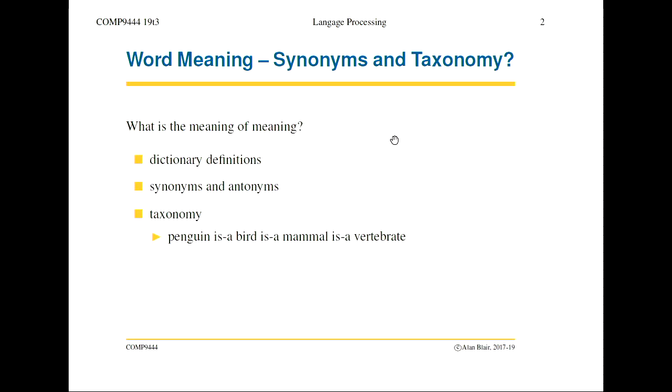So, synonyms and taxonomy. What is the meaning of meaning? That sounds very philosophical. If you want to know the meaning of a word, you could look up a dictionary and see a definition there. You can look at synonyms and antonyms.